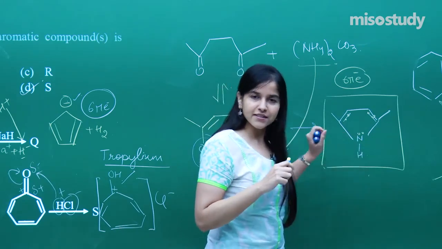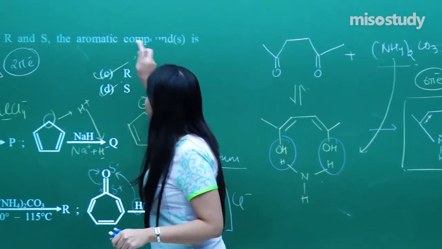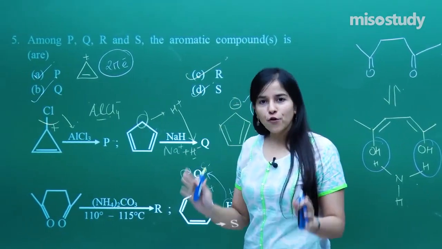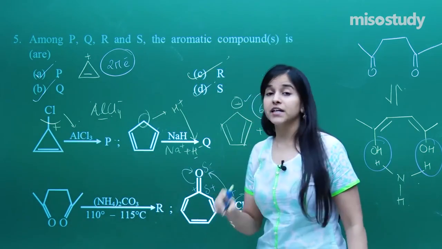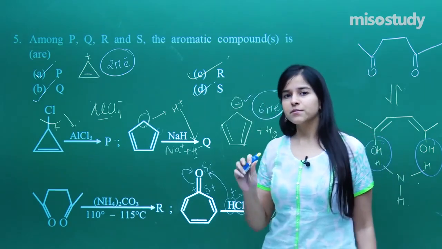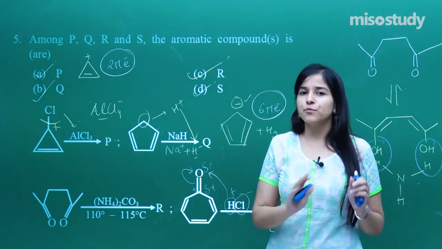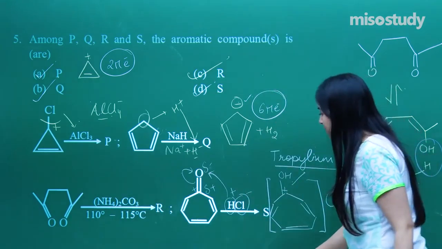That means again this is an aromatic compound. So we have got all the 4 options as aromatic. I hope everybody is clear with each and every reaction. If not, just try to recall all the concepts, then you will be able to perform the mechanism on your own. So now let's move on to the next question.